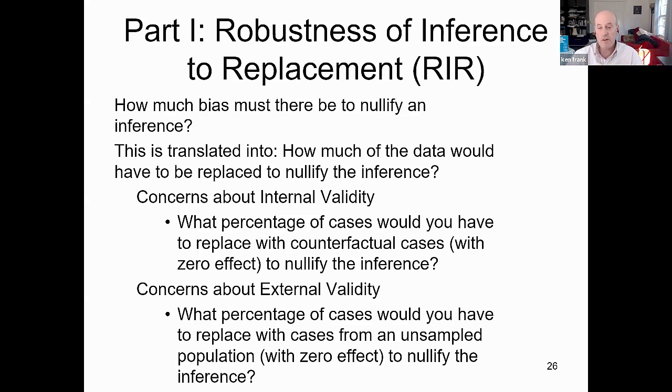And for external validity, what percentage of the cases would you have to replace with cases from an unsampled population with zero effect to nullify the inference. These are both going to fall under the general heading of the robustness of inference to replacement. How would your data have to be different to change your mind?